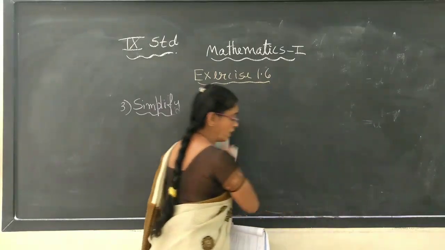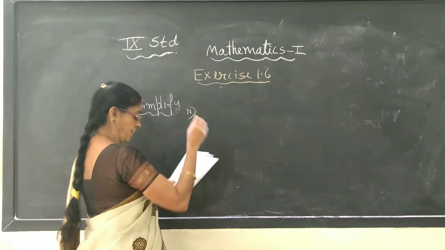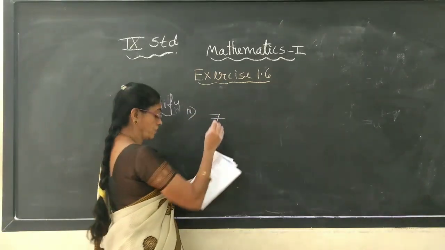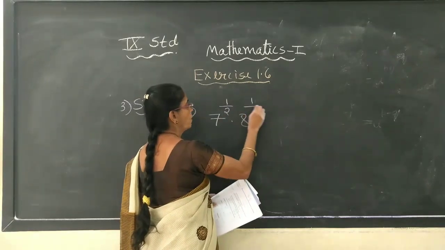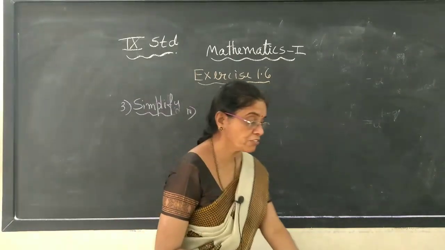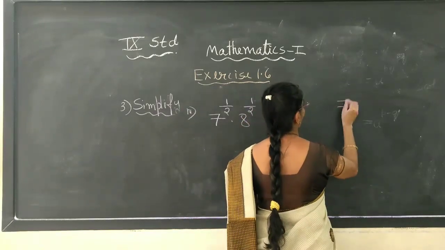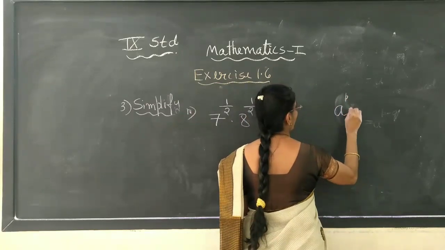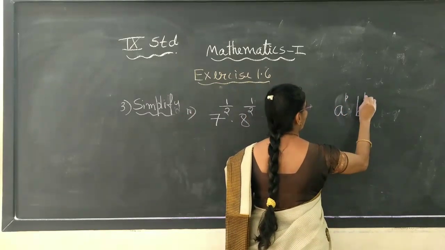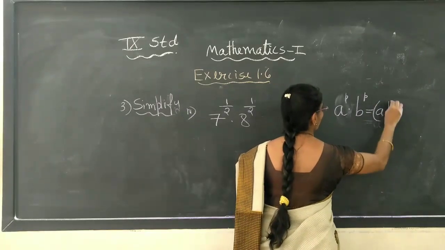Now last problem of this exercise and chapter also, 7 to the power of half into 8 to the power of half. Tell me which law we have to use. A to the power of p into b to the power of p is equal to a into b to the power of p.